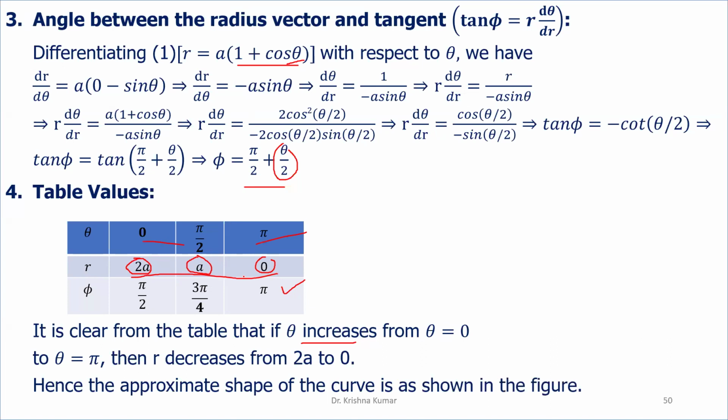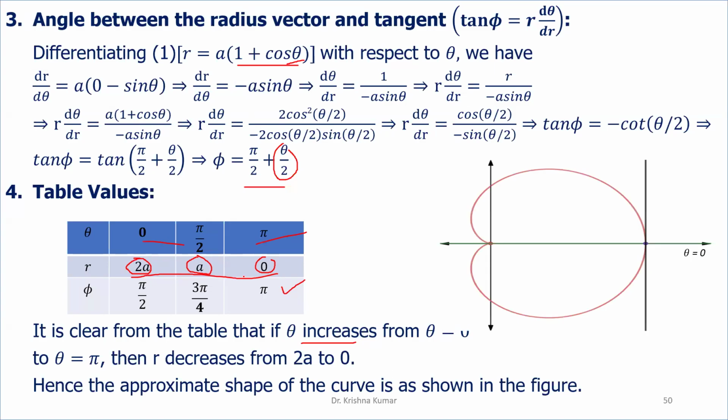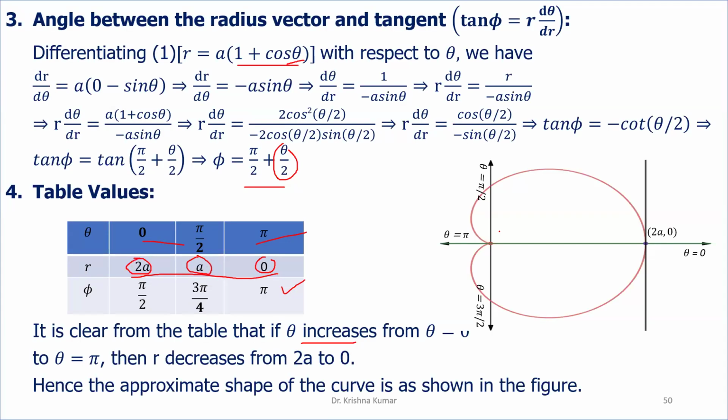How to trace this curve? So let me show the figure. The first thing, let me try to write down. This is the pole. First thing, the curve is symmetric about the initial line theta equal to 0.